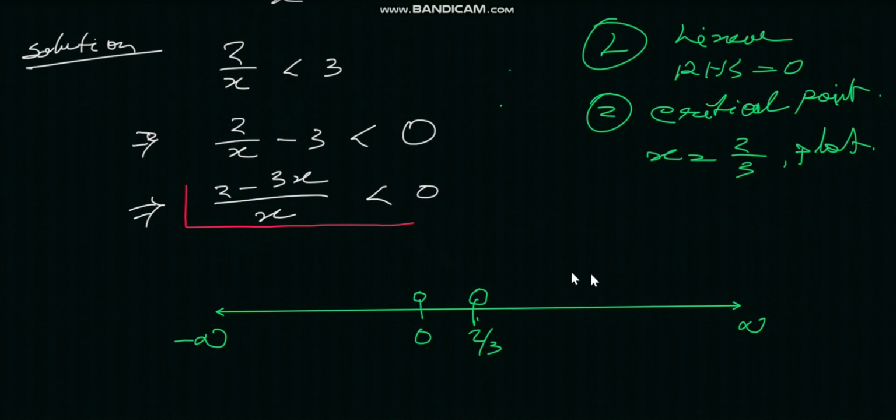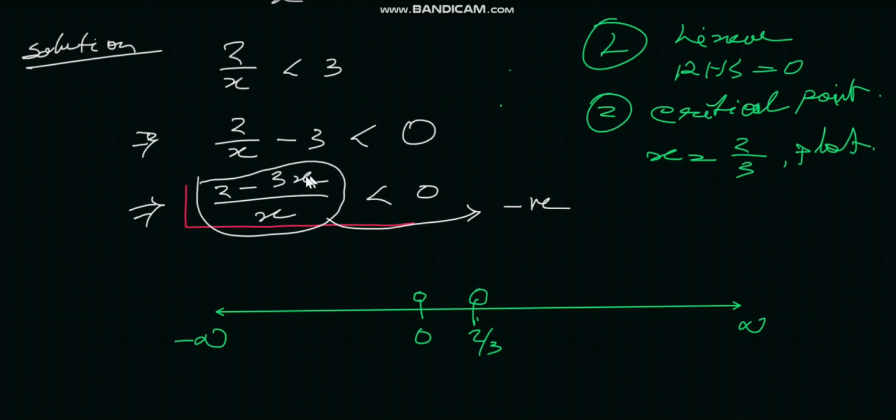Okay, let's see which region is the solution region. If we plug 0 into the expression, we need a negative number, because this expression is less than 0. If we plug in 2 by 3, we'll get 0, so it will not be included. Let's take a number more than 2 by 3, let's say 5.